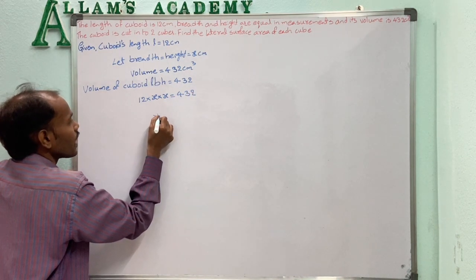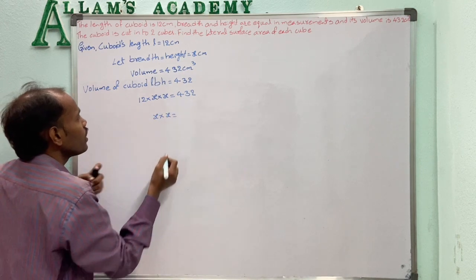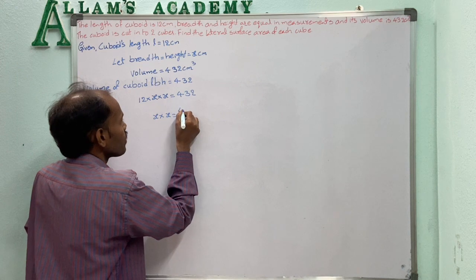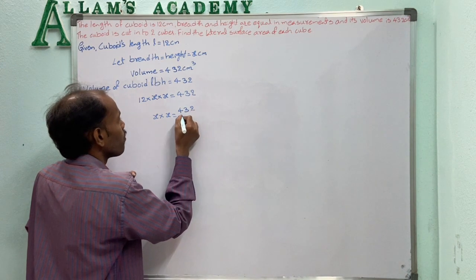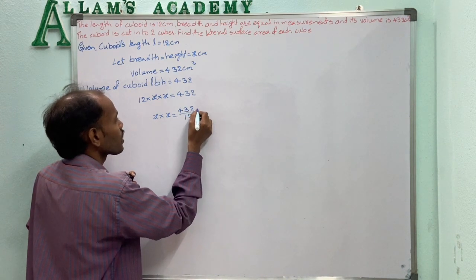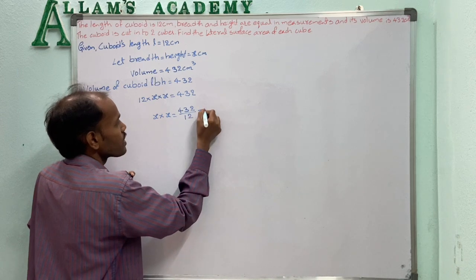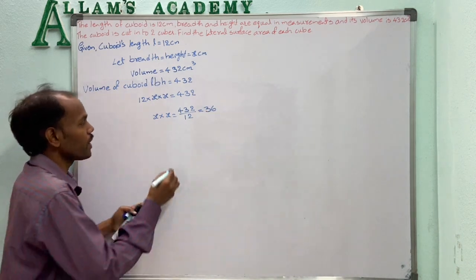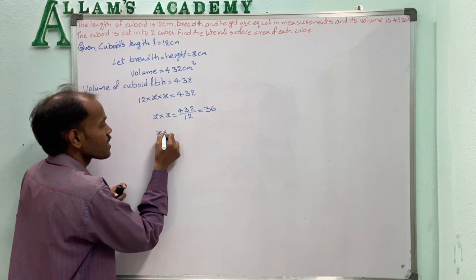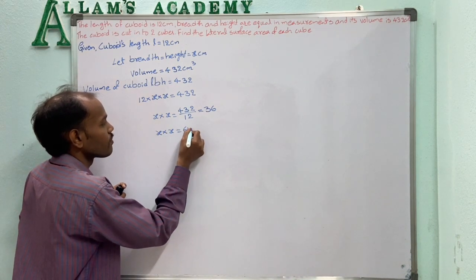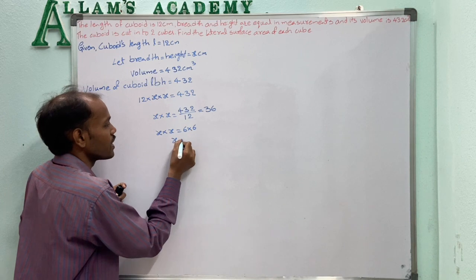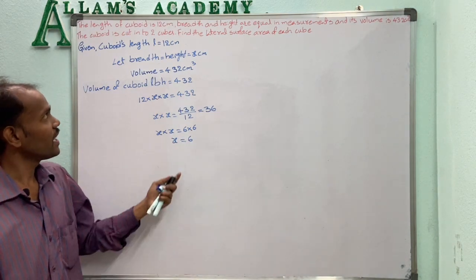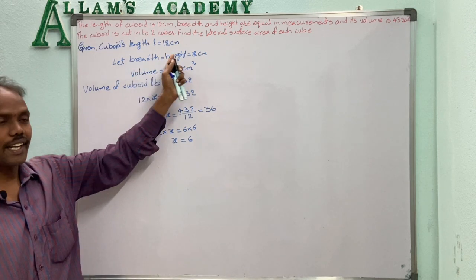Now x into x equal to this multiplication, 12 transferred to this side as division. So 432 by 12 is nothing but 36. Now 36 can be expressed as 6 into 6. So x value is 6. x is nothing but the breadth and height.